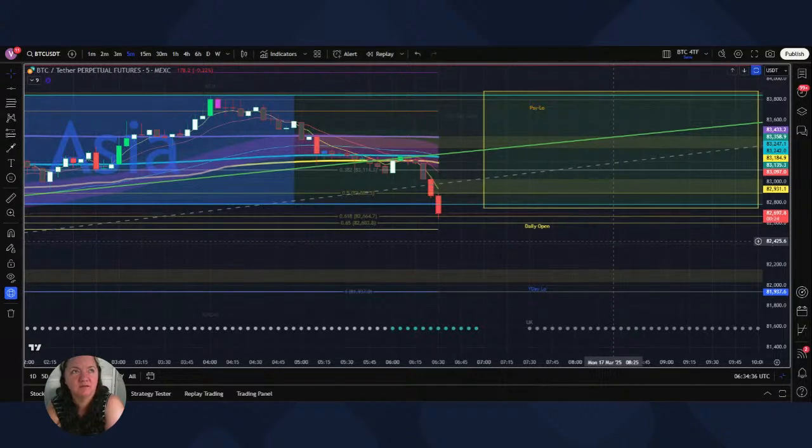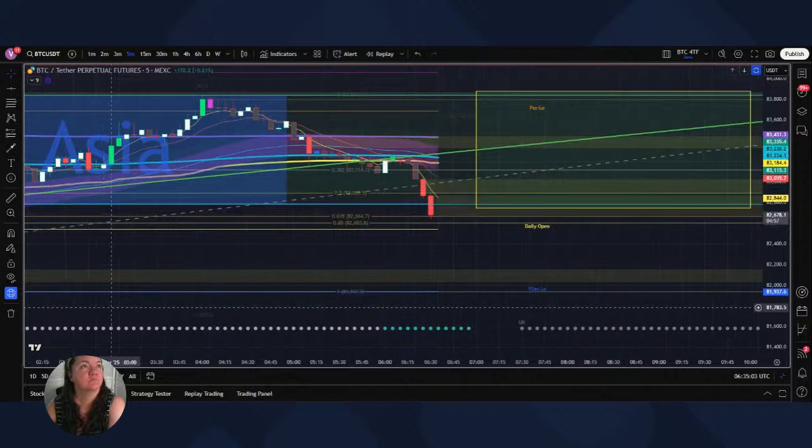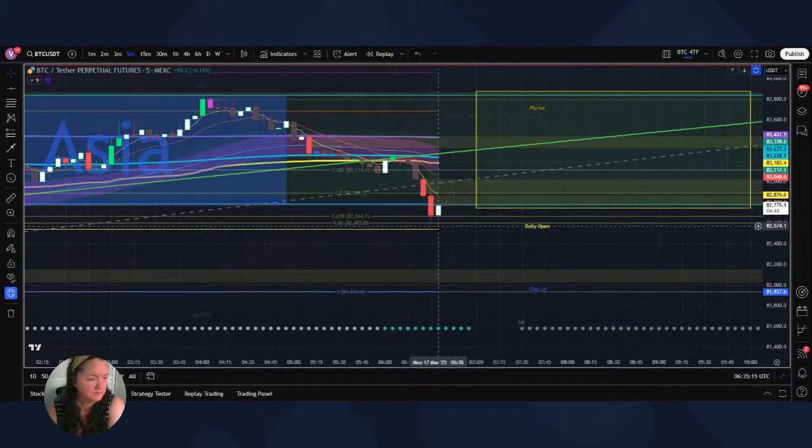It's like 25 seconds till the 5 minute candle. Okay, and this is the new 5 minute candle. We've got a strong push. Okay.